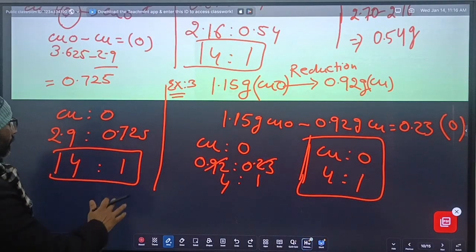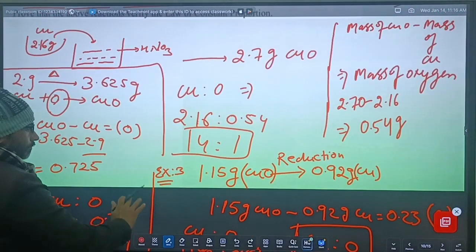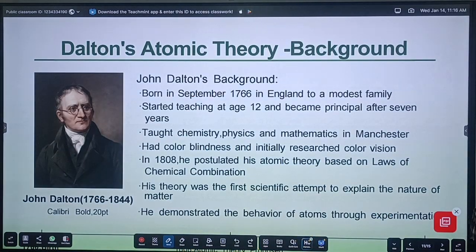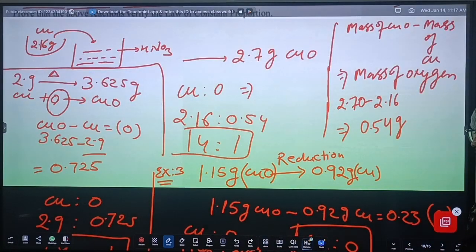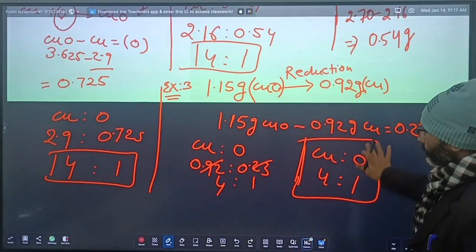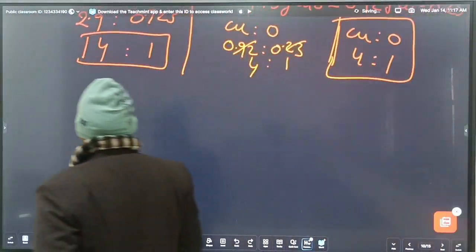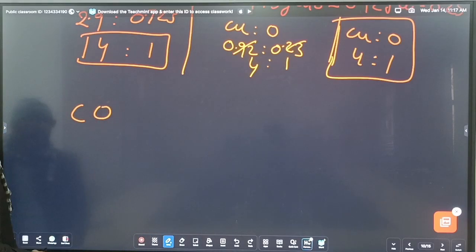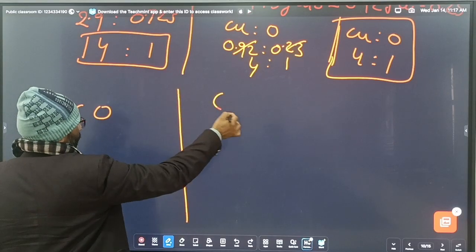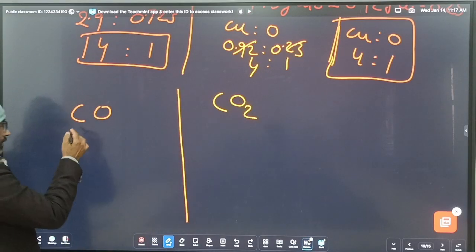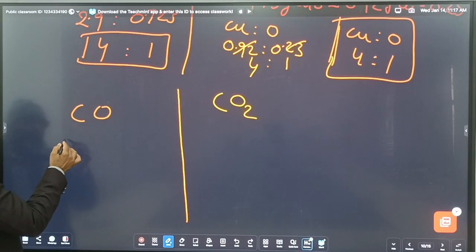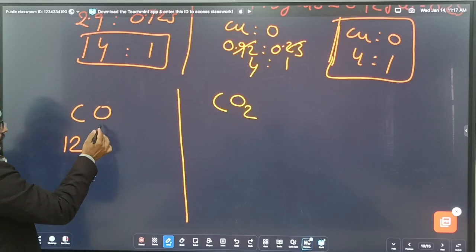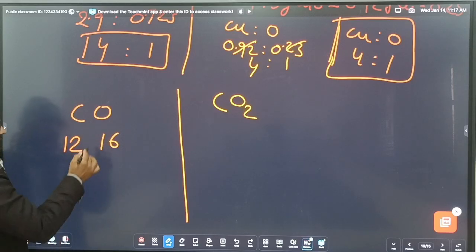And we can take one more example. Suppose we have a compound that is carbon monoxide and a second compound that is carbon dioxide. If you take the mass ratio, the mass of one atom of carbon is 12, mass of one atom of oxygen is 16.